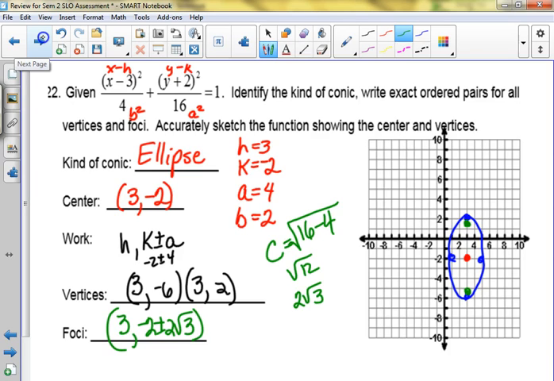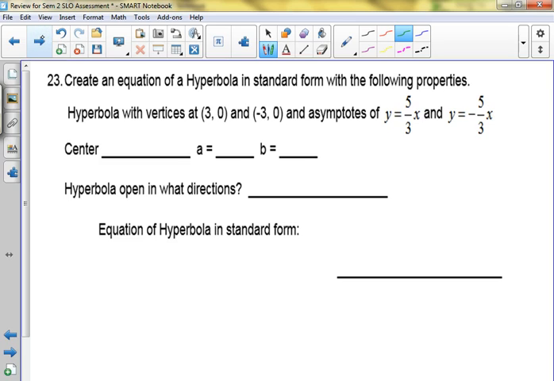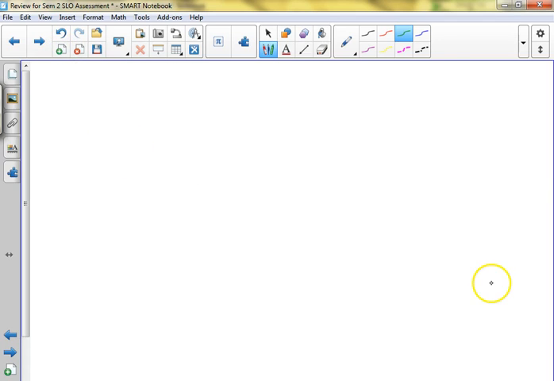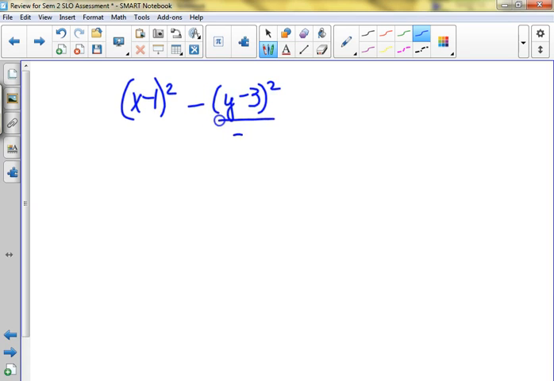What if it's a hyperbola? Do we need to practice one that's a hyperbola? X minus 1 squared over 16 minus y minus 3 squared over 25. Okay, what is this?